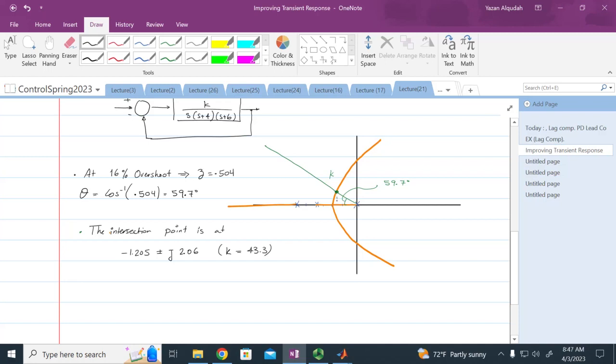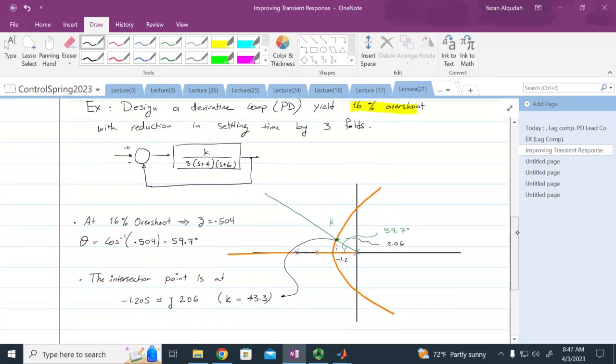So this point here, the location is negative 1.2, and the y value is 2.06. Is that clear? Okay, so what do we do next?